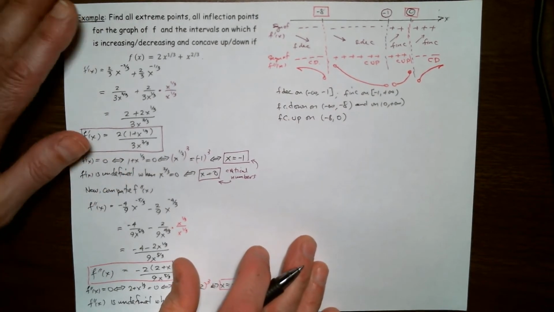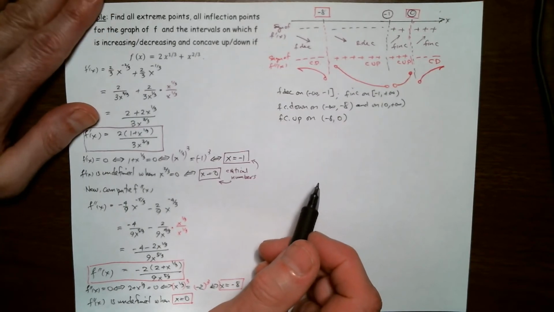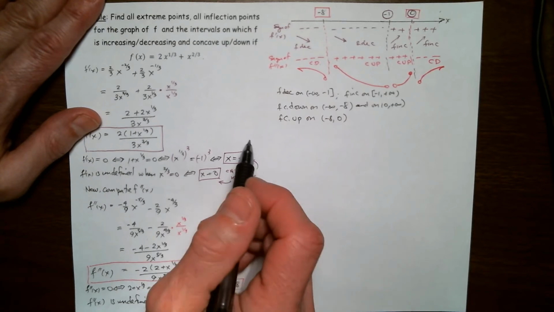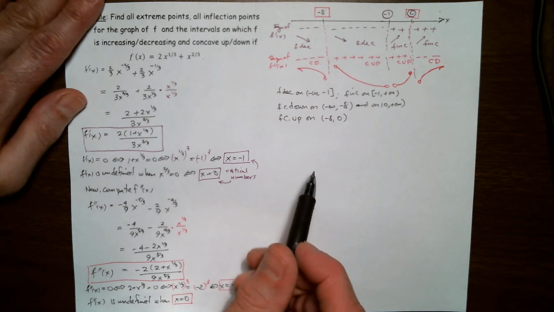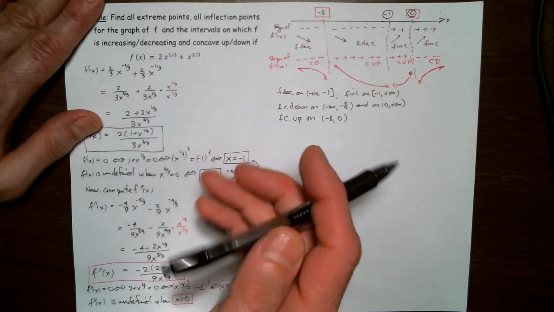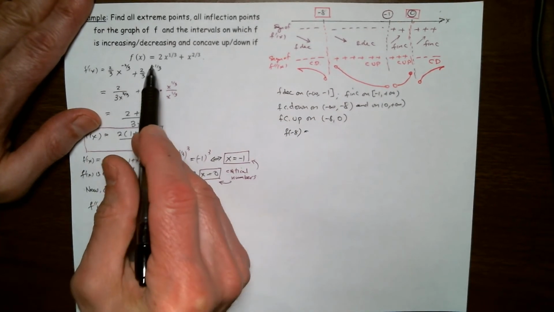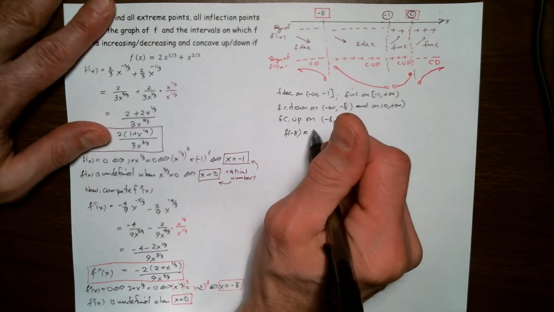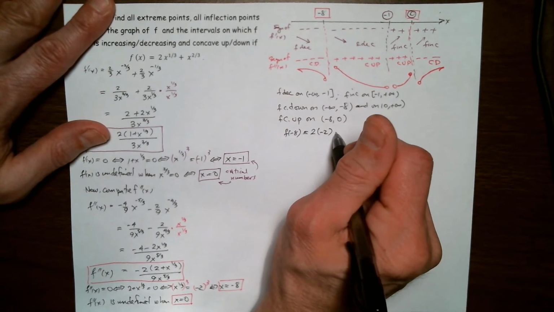Okay, and now let's figure out specifically the points on the graph that correspond to the extreme points and the inflection points. So if we go from left to right here, at minus 8, the value of the function would be, we go back to our original formula for f, plug in minus 8 for x, we get 2 times the cube root of minus 8, that's minus 2.